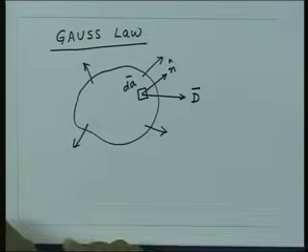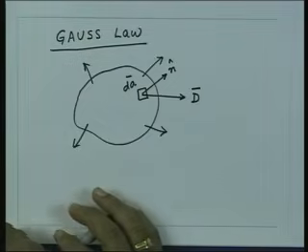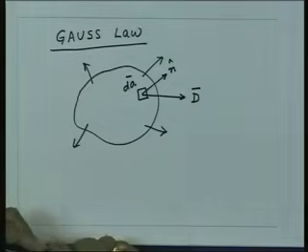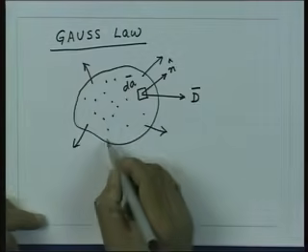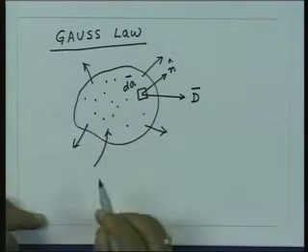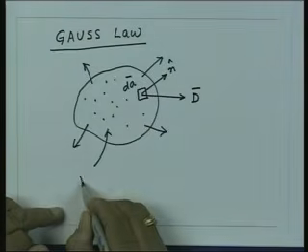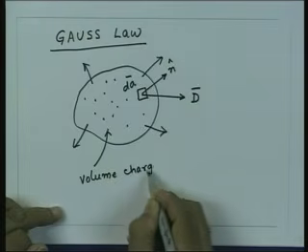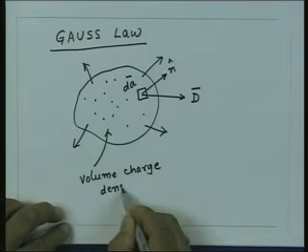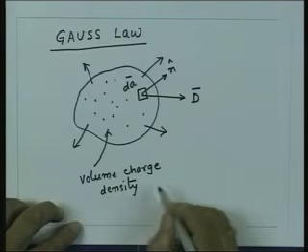Then let us say in general we have charges which are distributed inside this surface, and that can be characterized by the charge density inside this surface. So, let us say I have the charges which are distributed in this closed surface, denoted by the volume charge density, denoted by rho.